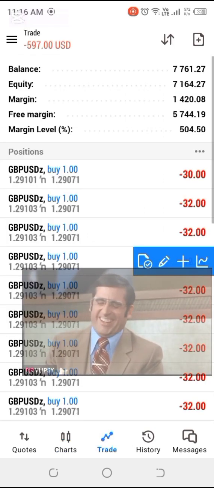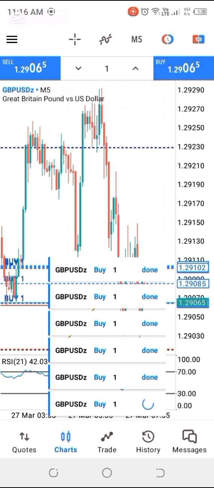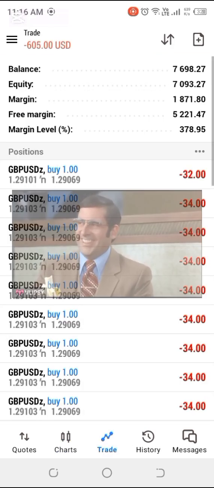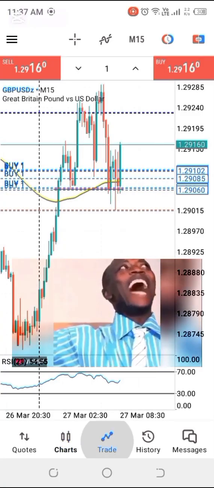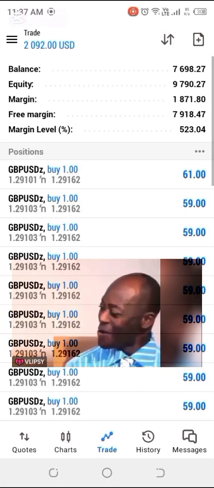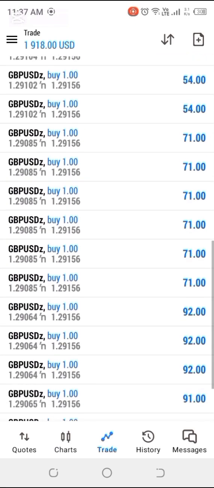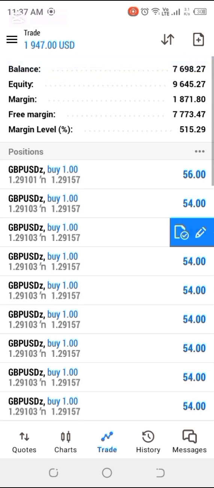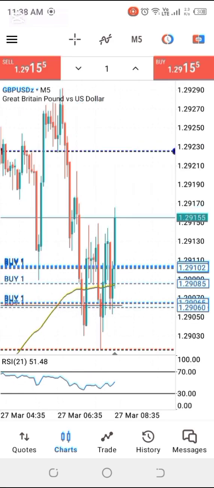Then make sure you are going with the trend. So it was going against me. Added more position, but still not. So after some few hours, the trade decided to go the way I planned.